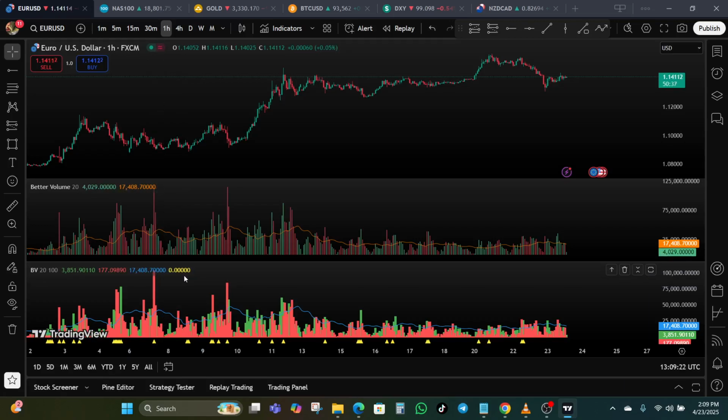So you have to watch out for price action when the volume surges to the top. Pay more attention when the volume bars rise above this line, whether you are using this version of the BV indicator or this version, whichever.